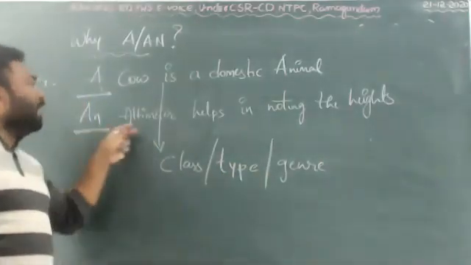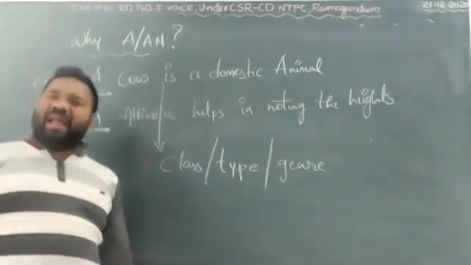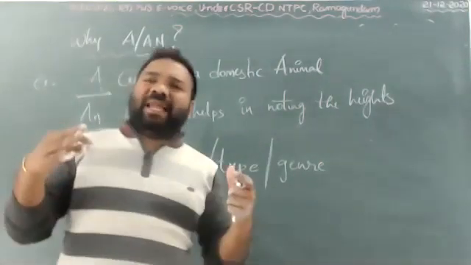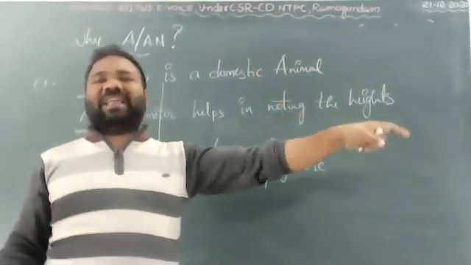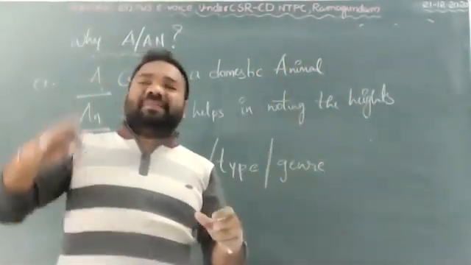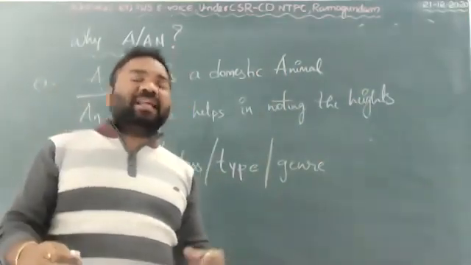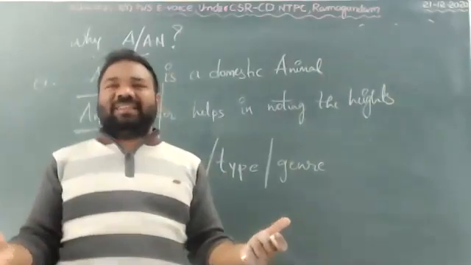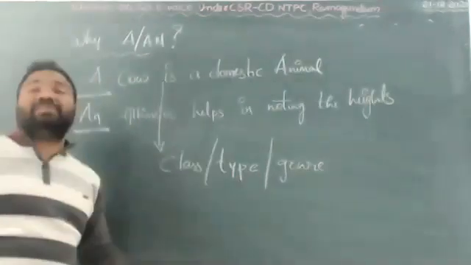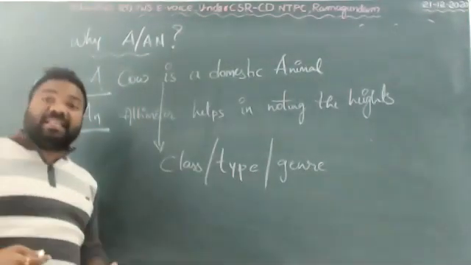It represents the same type. Here, see, an altimeter helps in noting heights. An altimeter, maybe it is manufactured in India, maybe in America or somewhere else, but the job done by this altimeter remains the same, right? So it refers to the same genre in this scenario.